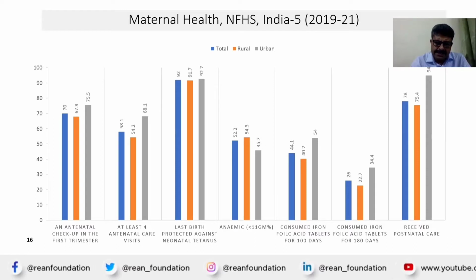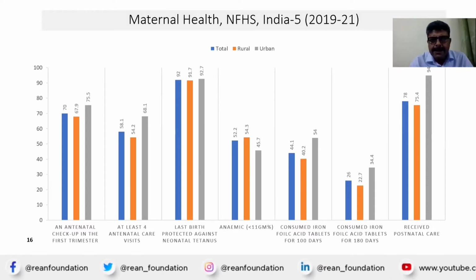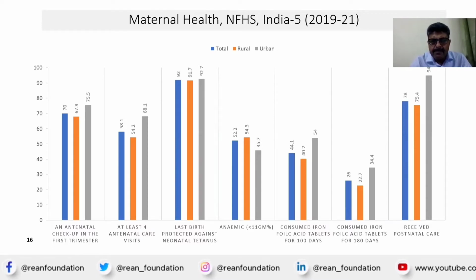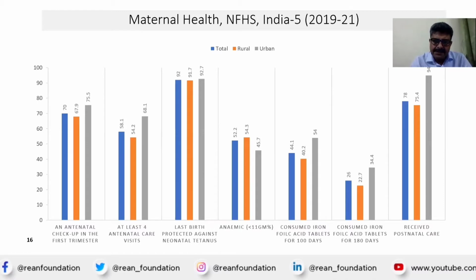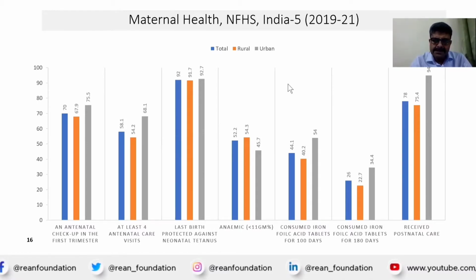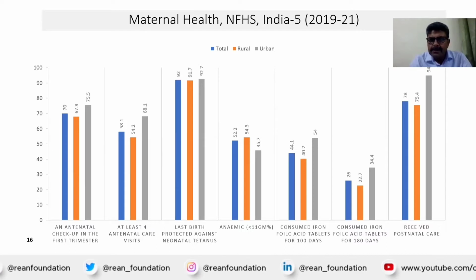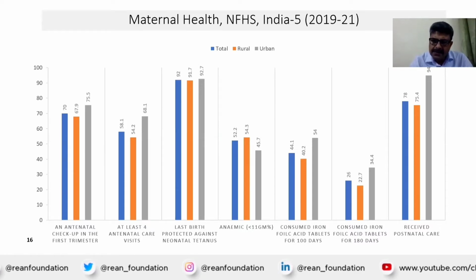Under Indian Public Health Standards, the quality health standard laid down by the Health Ministry of India, at least 4 antenatal care visits are required so that no maternal death takes place, so that we should not lose any pregnant female, because it is a physiological phenomenon.